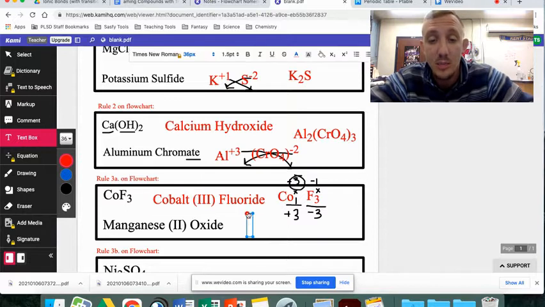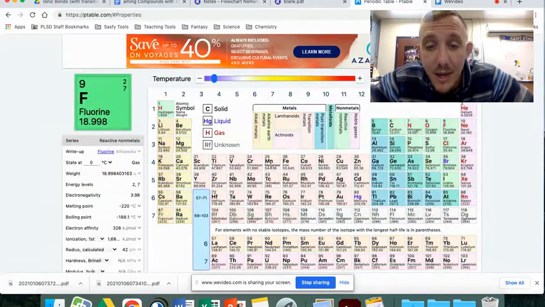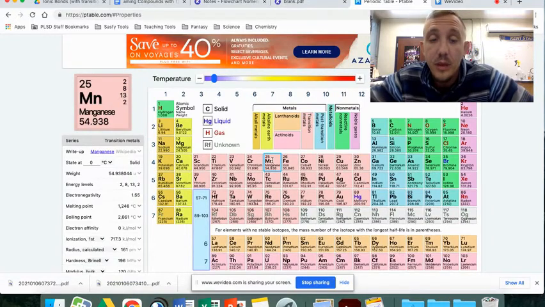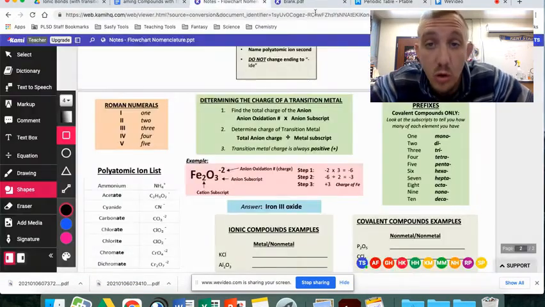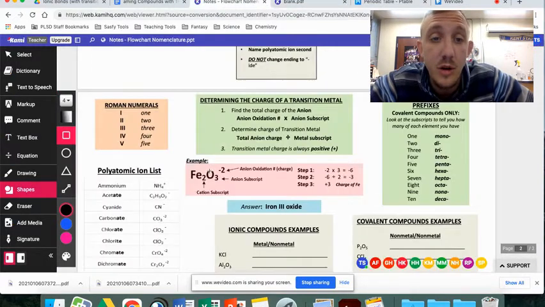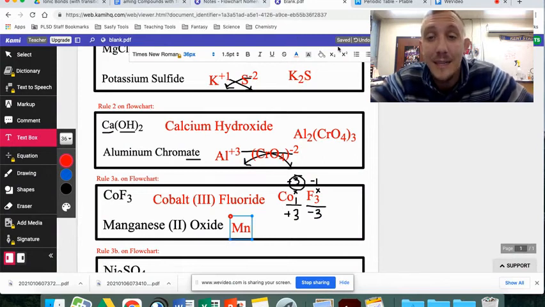So this is going to be manganese, not magnesium, Mn, and it is a transition metal because manganese falls under those transition metals. Its Roman numeral is 2, so it's going to have a +2 charge.